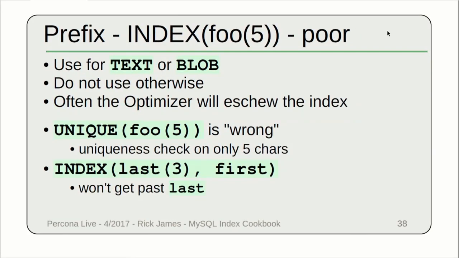Here are some examples of why it's really bad. When you say unique with a prefix, it is saying only the first 5 characters of this are unique, not the whole string. So that's probably not what you wanted. In the second case, it can't really get past the first column to get to the second. So again, useless.